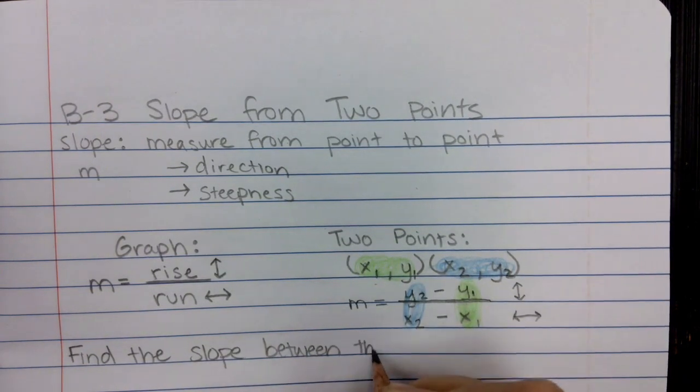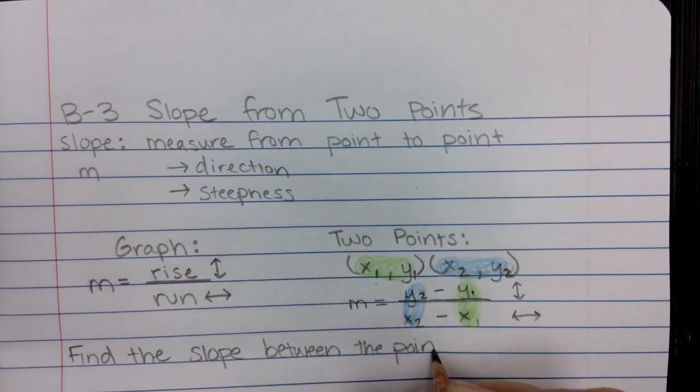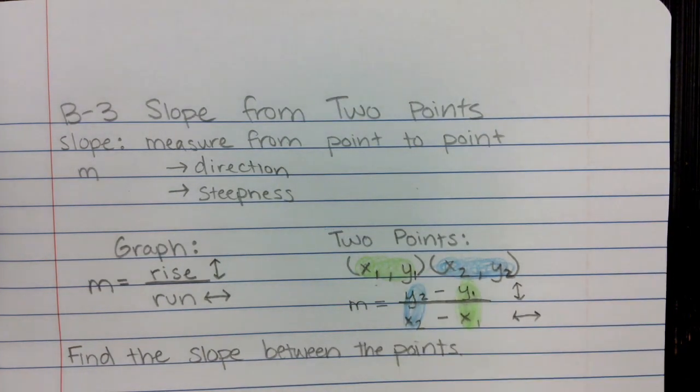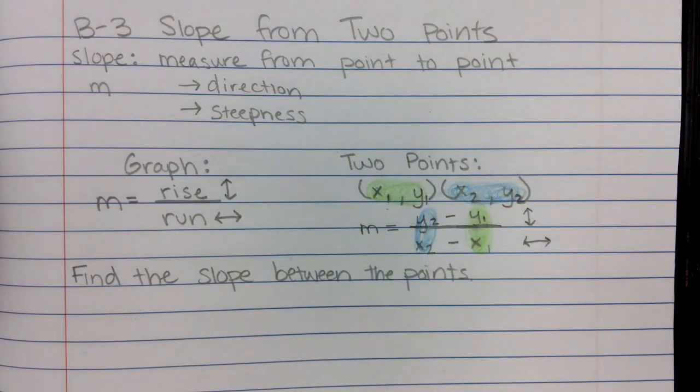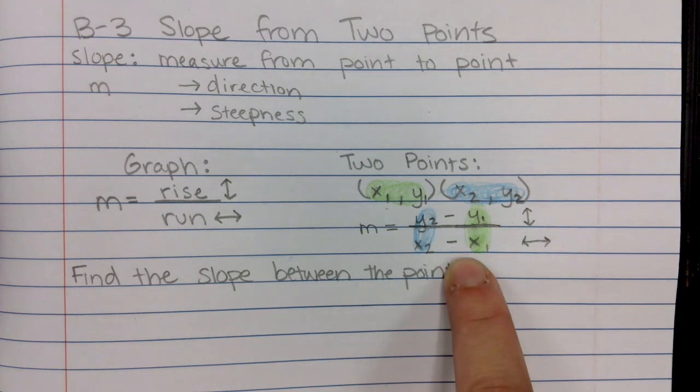It's going to make things a little bit quicker for you, especially once we get to B5, B6, and B7, the rest of the chapter. If you don't have it memorized, that's fine. It's just going to take you an extra second to write it down.